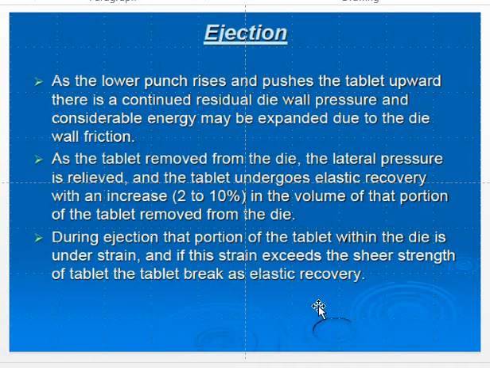Generally all kinds of material may expand about 2 to 10%. It means that when we remove the pressure, even plastic materials can change their shape. This is very minor, 2 to 10%.